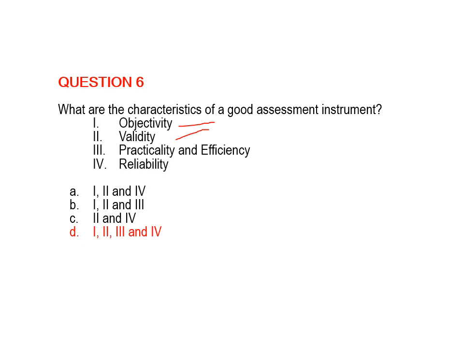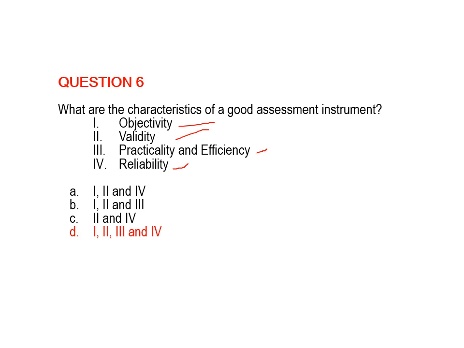Practicality and efficiency are included too, especially during the administration. And reliability, or otherwise known as consistency. It should be consistent. Whenever you give the test material to a particular group in different settings, it should be able to provide almost the same distribution of answers, or distribution of scores among the test takers.